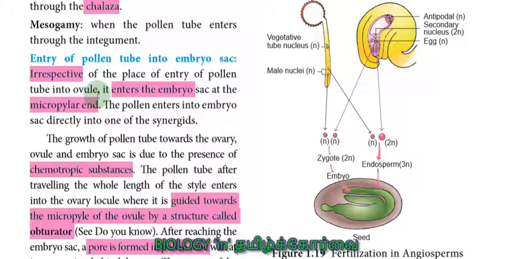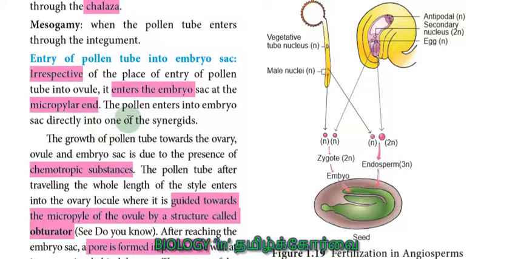So all the pollen tubes are now entering the micropyle. Next it has to meet the embryo sac. Irrespective of the place of entry of the pollen tube into the ovule, it enters the embryo sac at the micropylar end only. The pollen tube enters the embryo sac directly into one of the synergids.